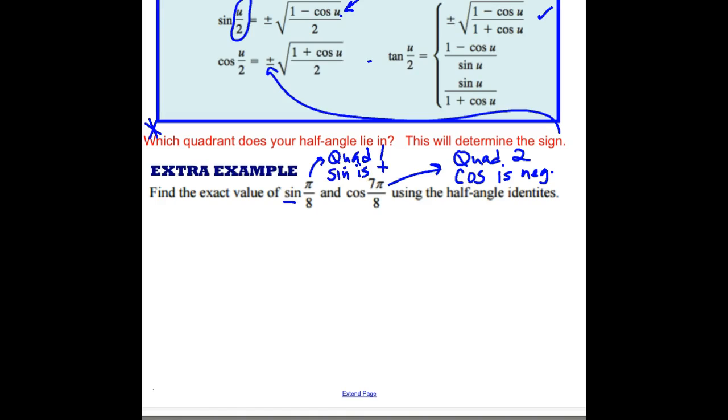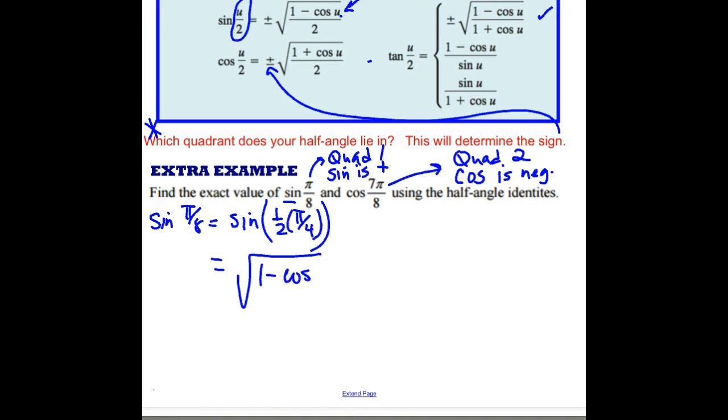Let's go back to our formula. If we want the sine of pi over 8, we are going to think of that instead as the sine of half of pi over 4. Based on our sine of a half angle, we said we would have the square root of 1 minus the cosine of the full angle, so 1 minus cosine of pi over 4, divided by 2.